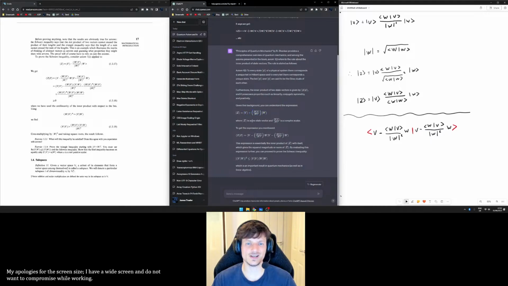Given this background, you can understand the expression z equals that, where z is some state vector and is a complex scalar. Yes, we understand this, and we even talked about it. To get the expression you mentioned, this expression is essentially the inner product of z with itself, which gives the squared magnitude or norm of z. By evaluating this expression further, you can proceed to prove the Schwarz inequality.